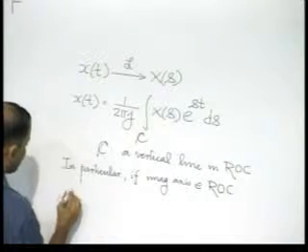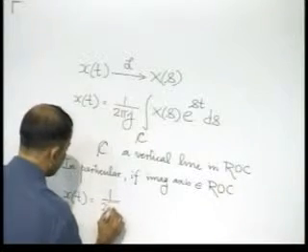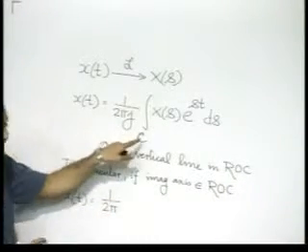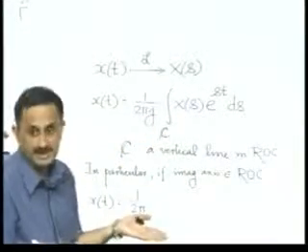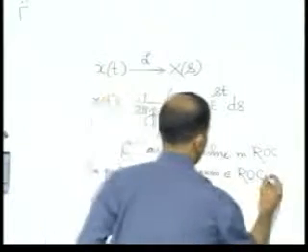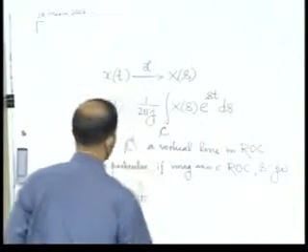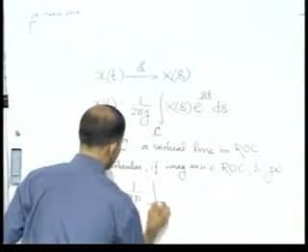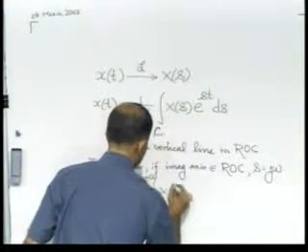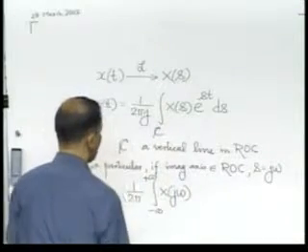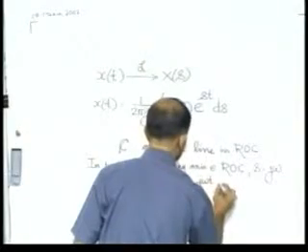then we have x(t) is 1 by 2 pi. I mean, it's a special case of this, where c is the imaginary axis, and in that case you have s is equal to j omega, right? So this becomes integral minus infinity to plus infinity X(j omega), which is essentially the Fourier transform, e raised to the power j omega t d omega.